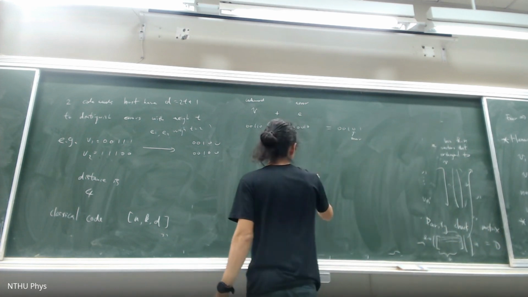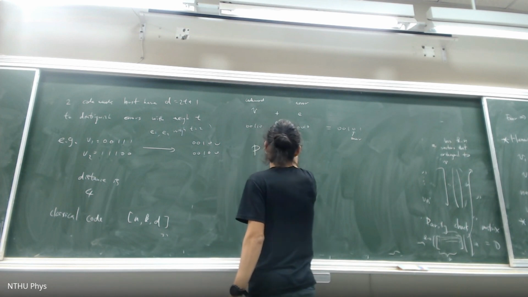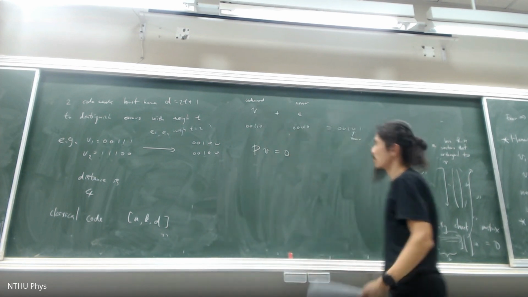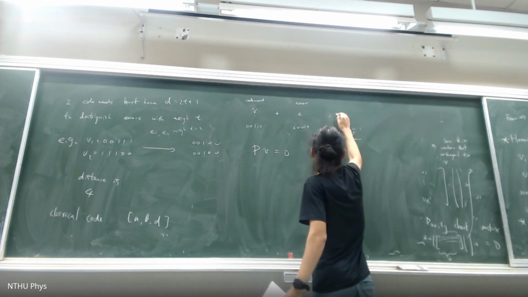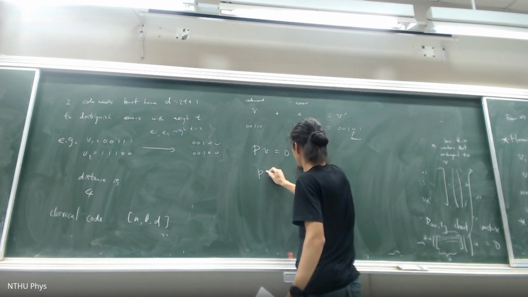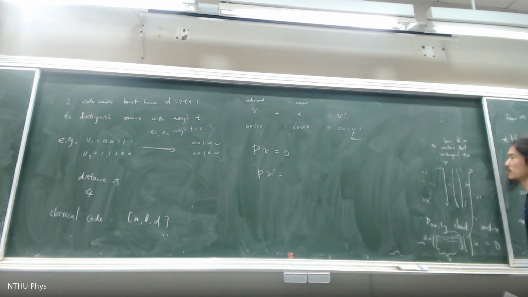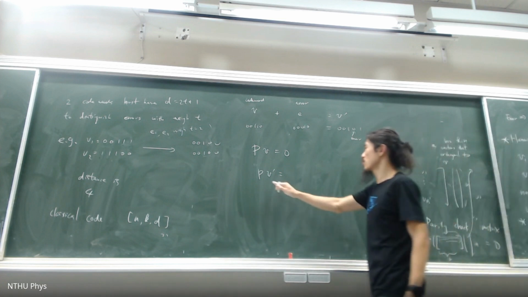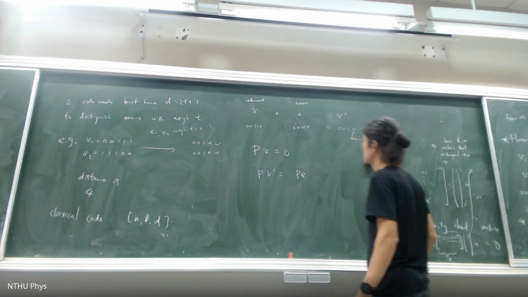Now for this classical linear code, I have a constraint that the parity check P on V will be 0. If this is the corrupt one, then it will not be inside the code space. Then it will not be 0 and it becomes PE, right?